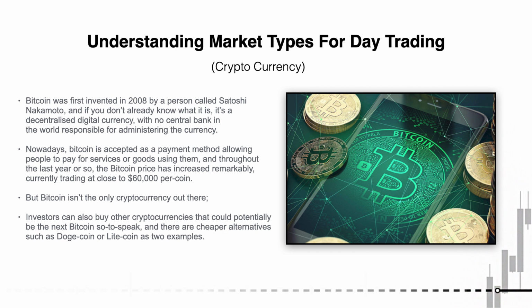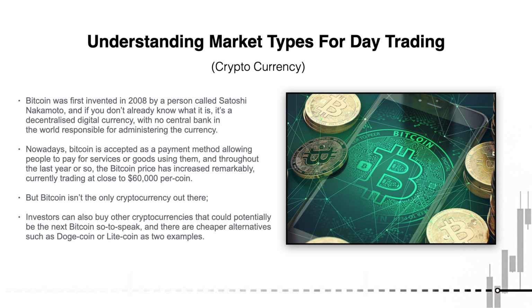If you don't already know what it is, it's a decentralized digital currency with no central bank in the world responsible for actually administering the currency. Nowadays, Bitcoin is accepted as a payments method, allowing people to pay for services or goods using them. And throughout the last year or so, the Bitcoin price has increased, well, remarkably, currently trading at just above $62,000 per coin as of me making this video.